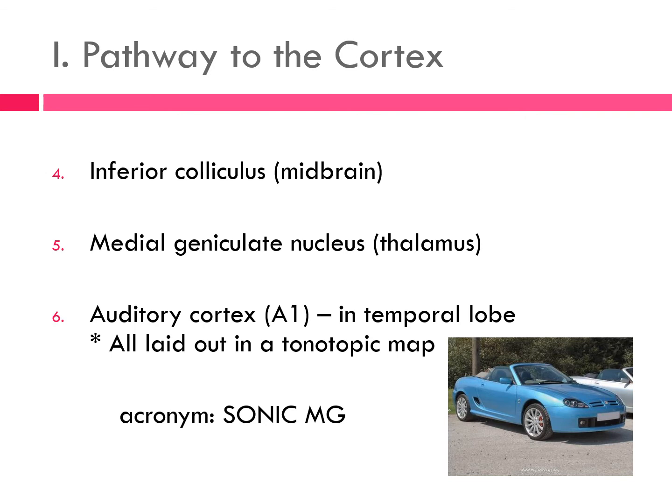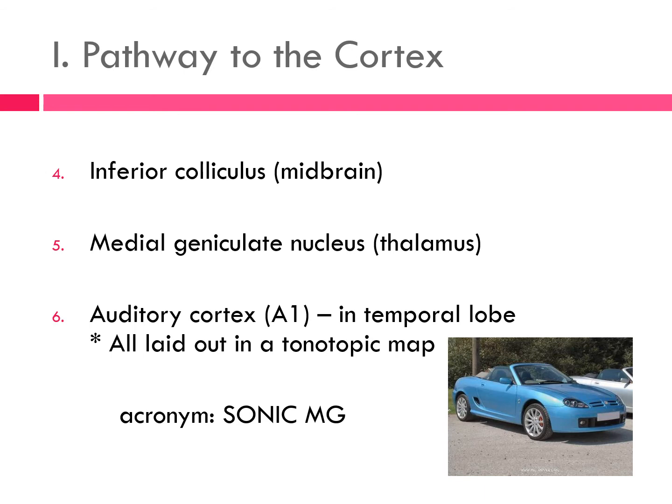We're going to keep that tonotopic map through all of these structures and through to the primary auditory cortex, which is also a tonotopic map, where high frequencies are close to other high frequencies, and low frequencies are farther away from them, and close to other low frequencies. Try to make that as clear as possible.